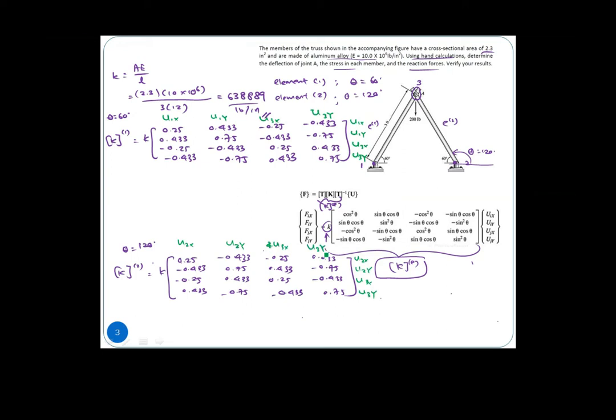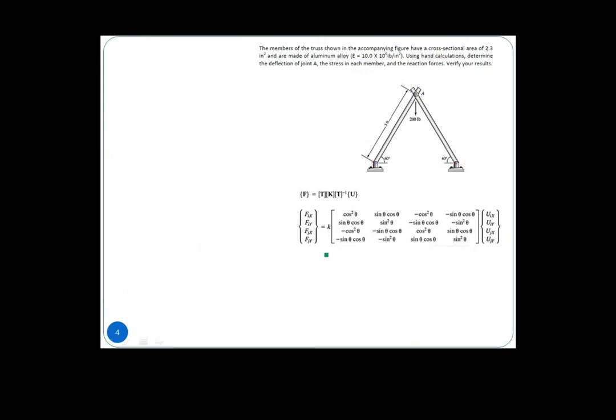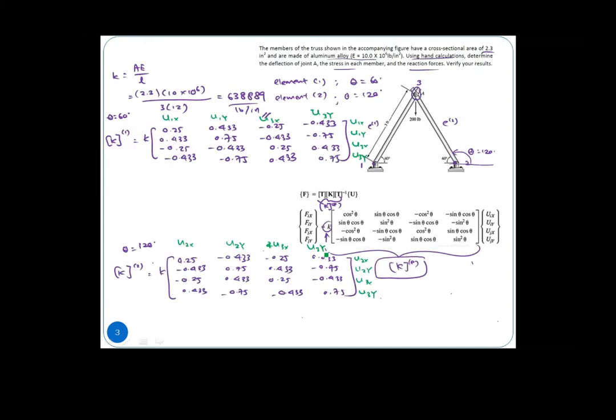Right, so then we can assemble the elements before we apply the boundaries and the loads. If you assemble, each is a 4 times 4 matrix, because they are sharing node 3.